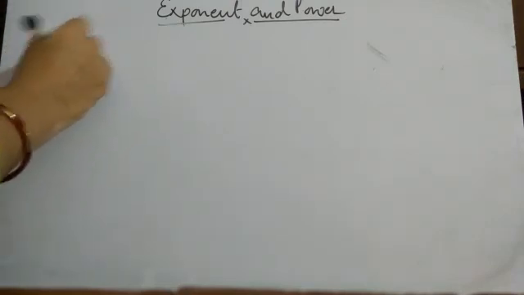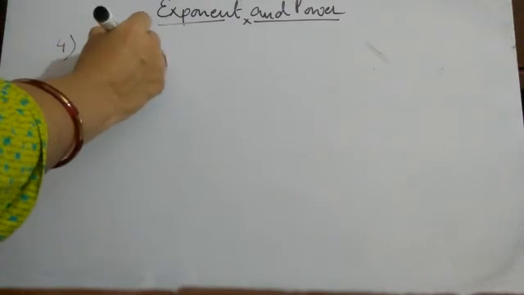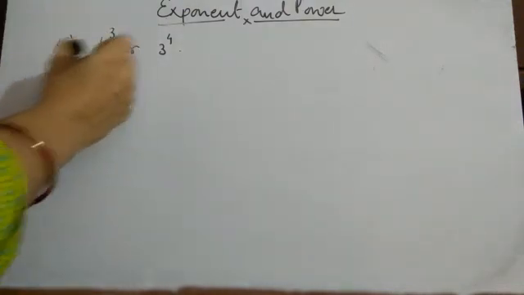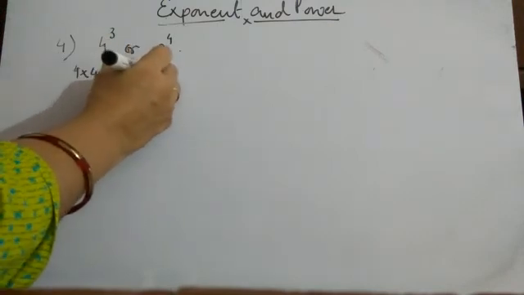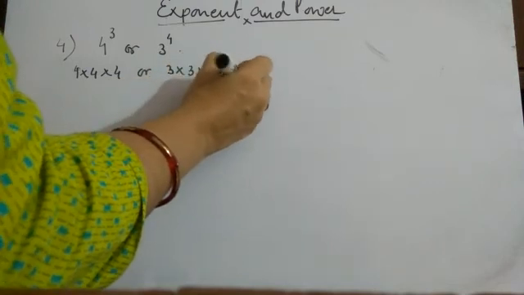Now the next example. You have to identify the greater number out of 4 raised to the power 3 or 3 raised to the power 4. You will simply open them and tell. So 4 raised to the power 3 is 4 into 4 into 4, and this is 3 into 3 into 3 into 3.